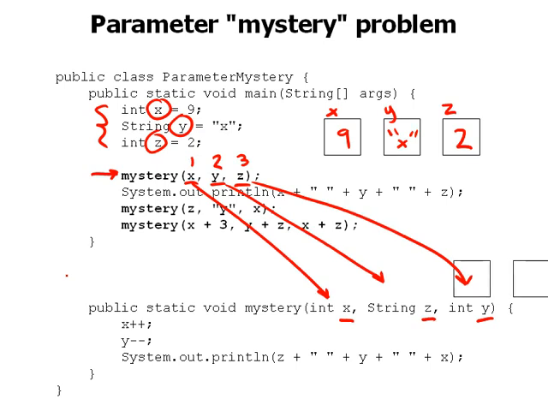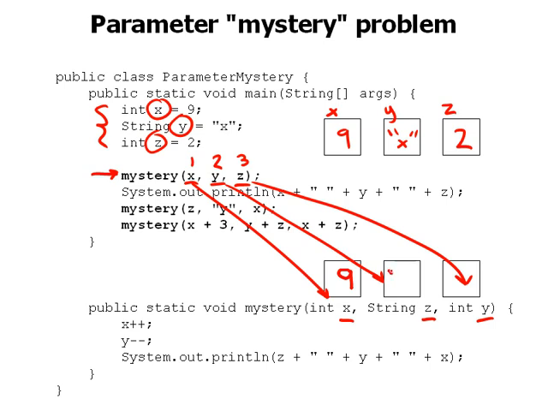Inside this method here, we actually have three new boxes, and the x value from main here, which is the number 9, gets passed and stored into the first parameter, which is also named x. The string local variable y in main is passed as the second parameter to mystery, and so that's actually stored as the parameter value z.